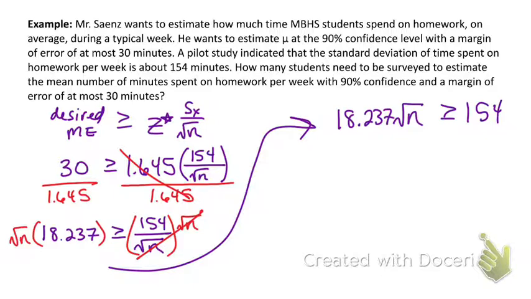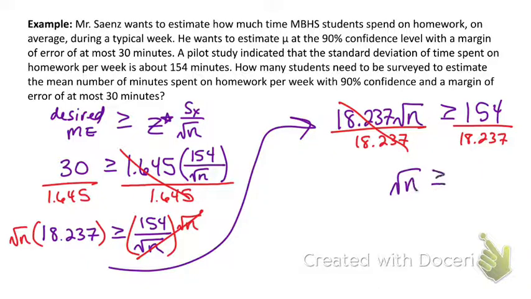So I need to divide by the 18.237. So now we have the square root of n is greater than or equal to 154 divided by 18.237, 8.44. And now what should we do?